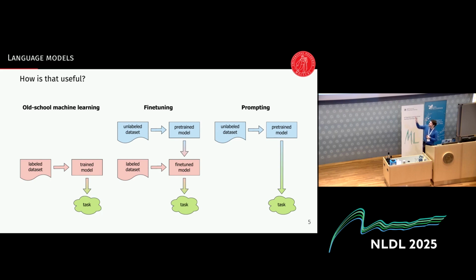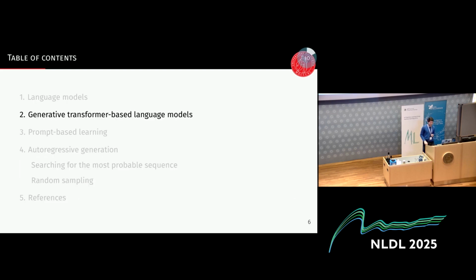Now, we will not have time to talk about fine-tuning that much today, but we will simply talk about prompting, where we totally skip this fine-tuning stage, and we just use the language model itself. Even though the language model has never been trained on a supervised task, we will use it as a supervised model, kind of, to solve a task. This might now seem like it's impossible to do, but I will show you that it's actually quite simple later in this presentation.